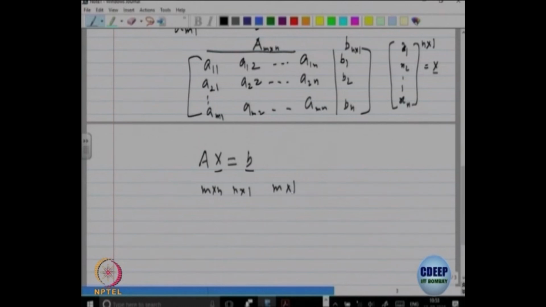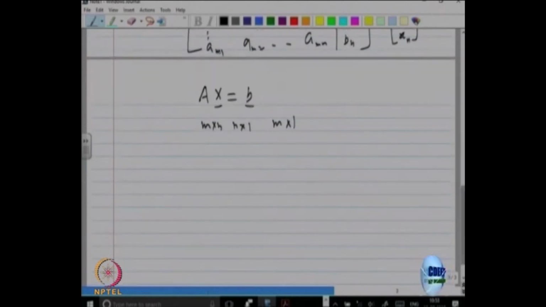Okay. So, all the data of the equations can be represented as Ax is equal to B. So, this is a matrix representation of the system of linear equations.